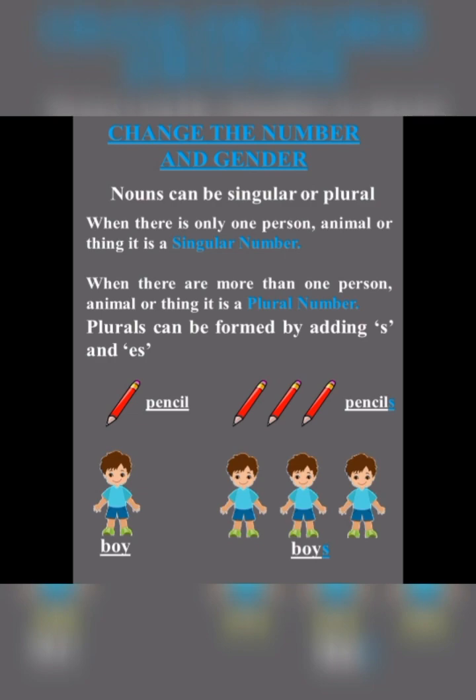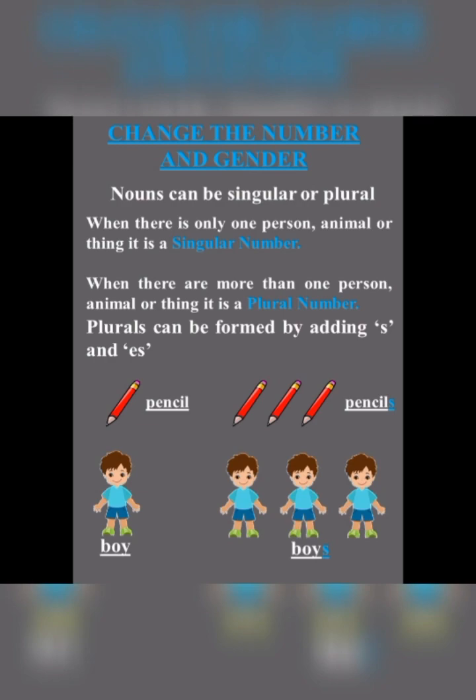Most nouns form plurals by adding s at the end. Nouns that end in ch, sh, s, double s, or x are formed by adding es to the singular.